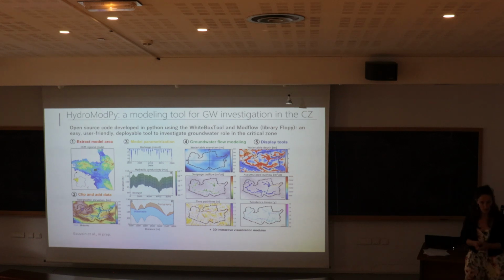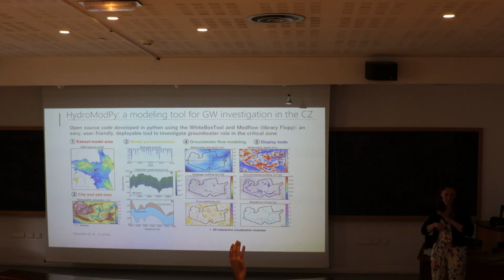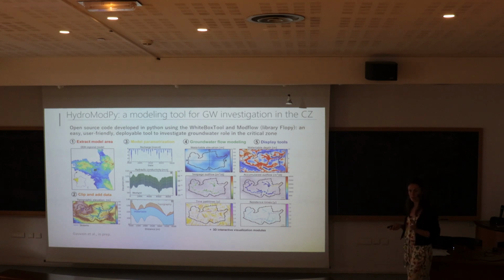You say that it downloads the data that is available? Yes. Where does it download from? So far it has worked very well in France. We don't know about all the data in the entire world, but it goes through all the public databases, at least in France, to collect directly from the net the information that you could get on your catchment. You have this kind of thing in our GIS as well, right? Yes.